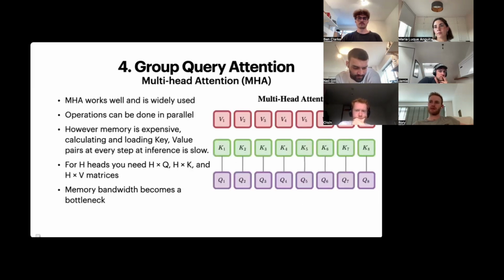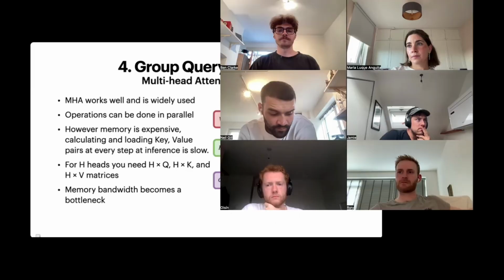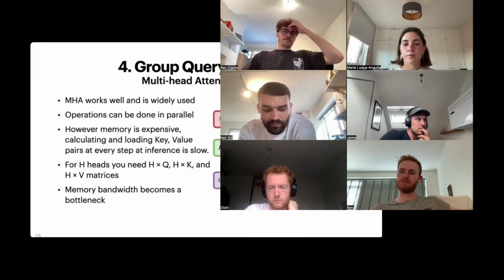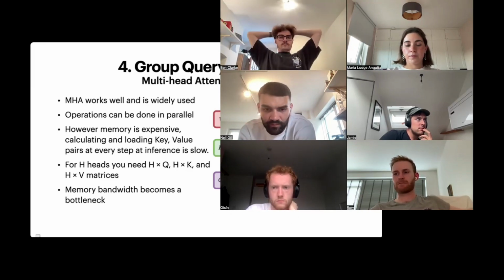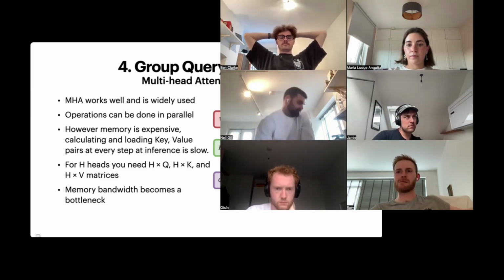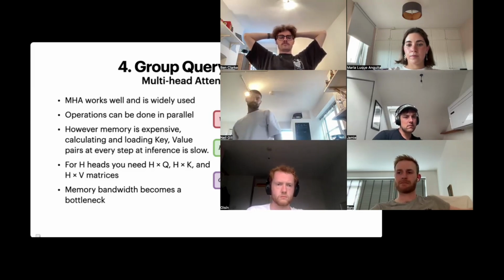Usually this is implemented in a multi-head attention framework, where you have multiple heads, each calculating their attention scores separately. This works very well and is very good for performance. You can parallelize a lot of the operations, but the memory is very expensive.